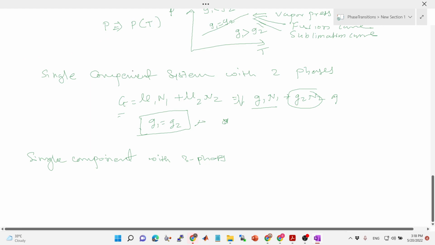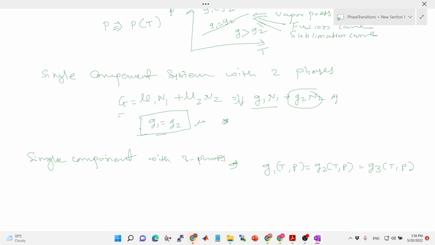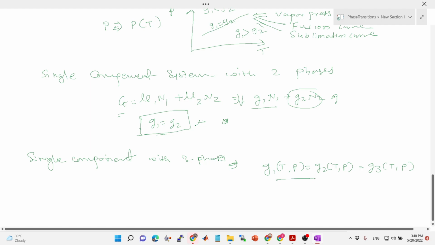So the condition for equilibrium is g1 of T comma P equal to g2 of T comma P and equal to g3 of T comma P, which means that when this condition is satisfied, the three phases coexist, and the point at which this happens is called the triple point.